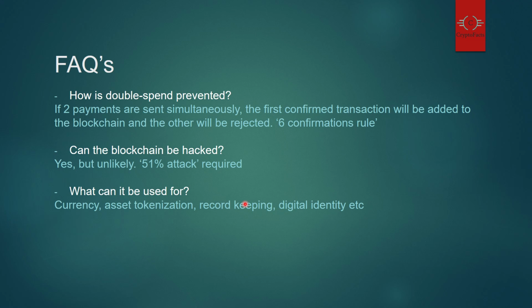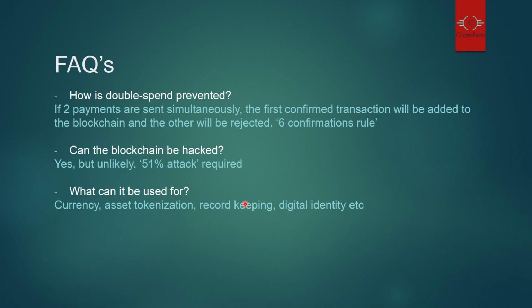And in terms of some FAQs, how is double spend prevented? So for example, if we try to send 2 simultaneous payments, the first confirmed payment will be added to the ledger, and the second payment that I try to send at the same time will be rejected. So this is why it's recommended to wait for 6 confirmations to ensure your transaction is valid.